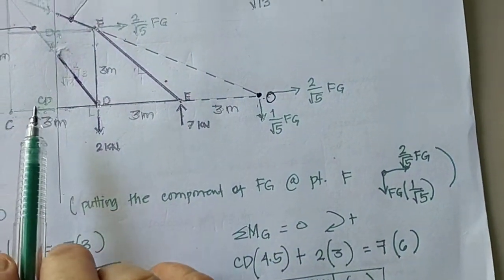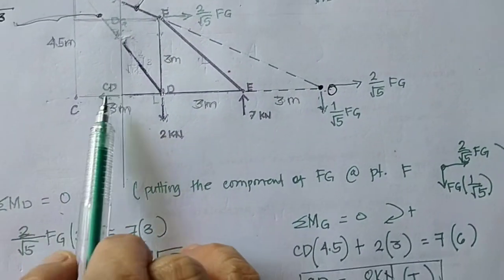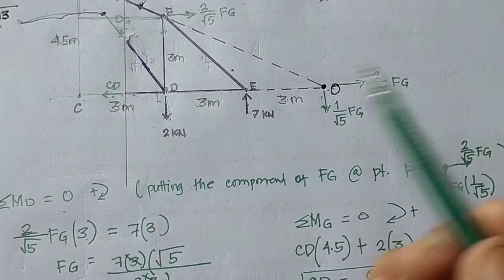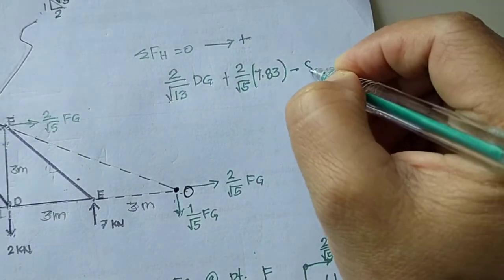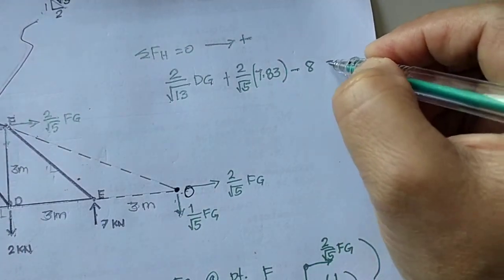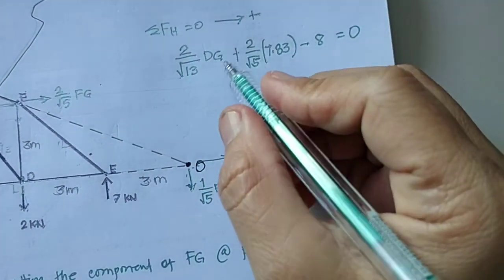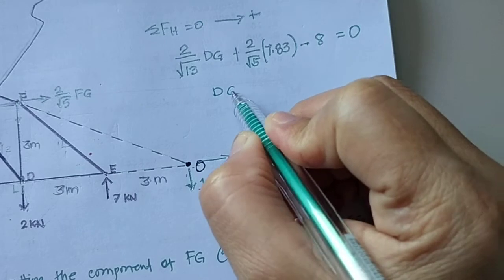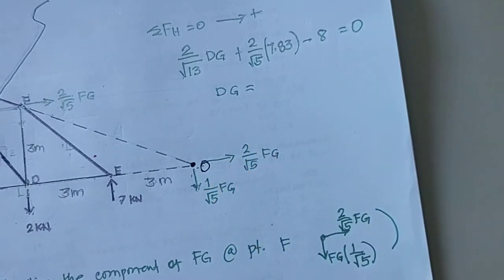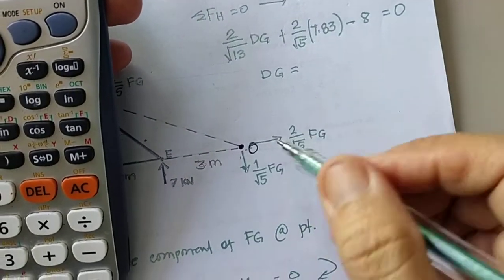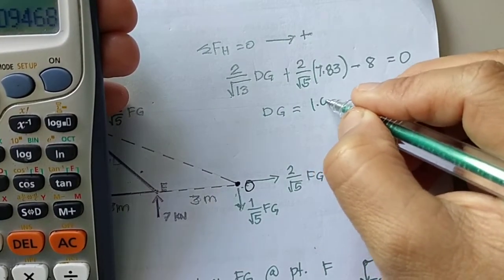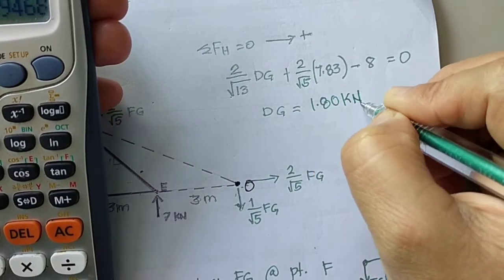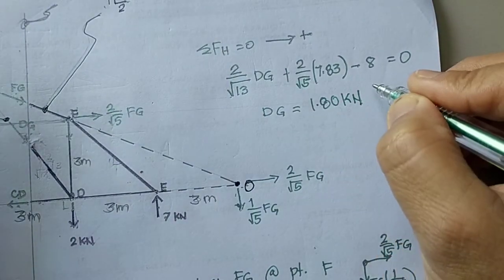We have the value of CD going to the left, so this is minus 8 kilonewton equals 0. Therefore, the value of DG, through calculator, is 1.80 kilonewton. So compression.